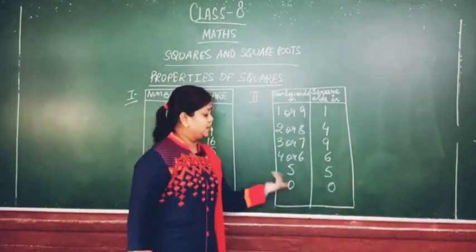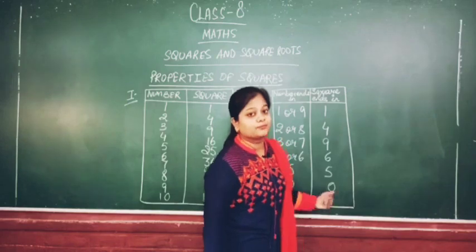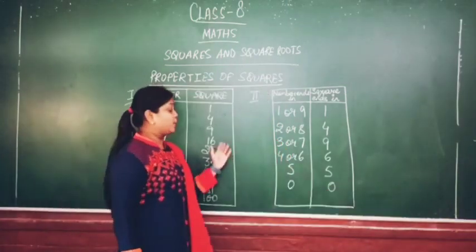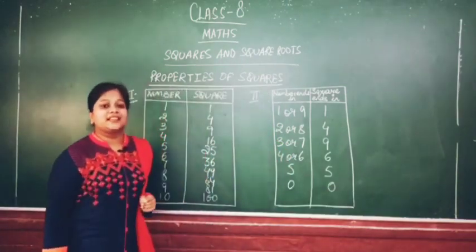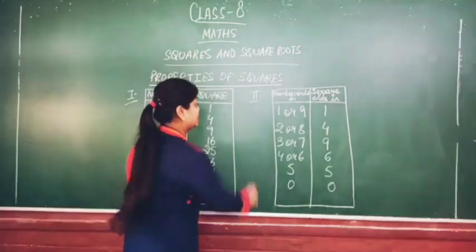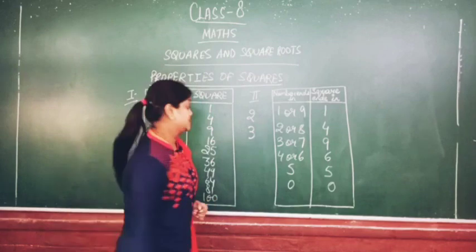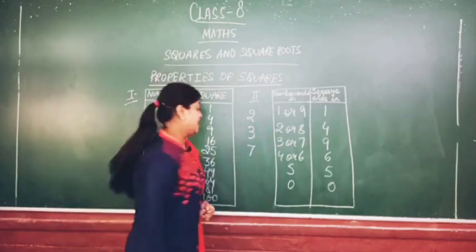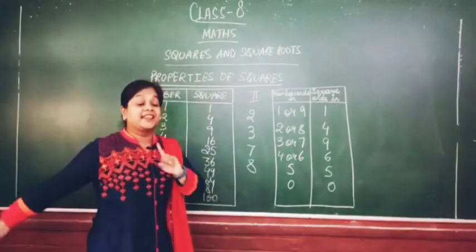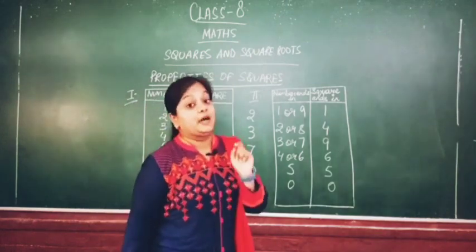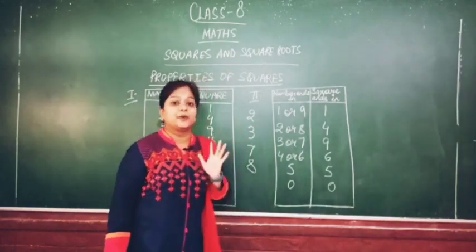And for 0, it will always be 0. Analyzing both the tables, we can summarize one thing, that the digits 2, 3, 7 and 8 can never come at the end of a perfect square number.